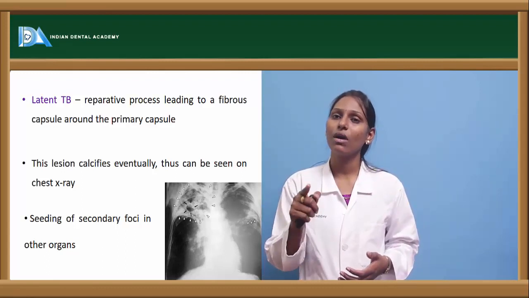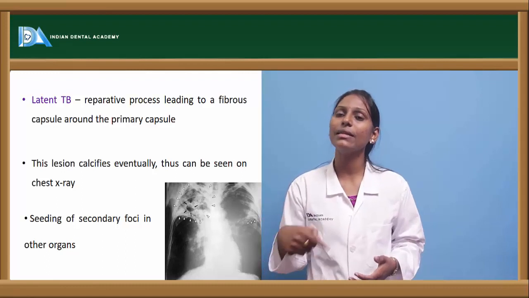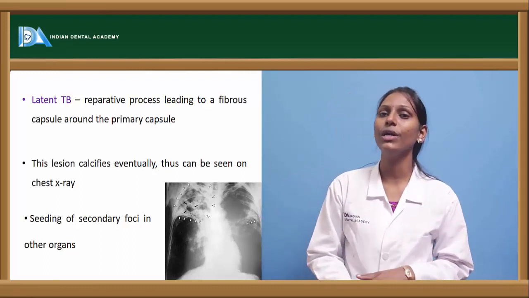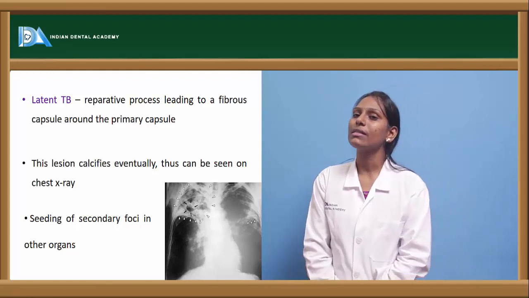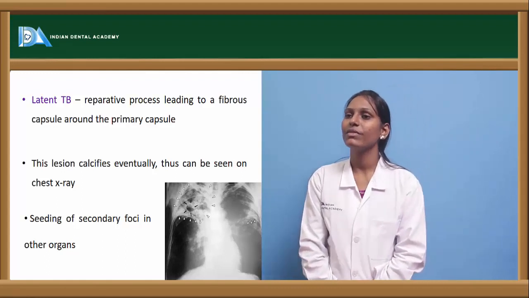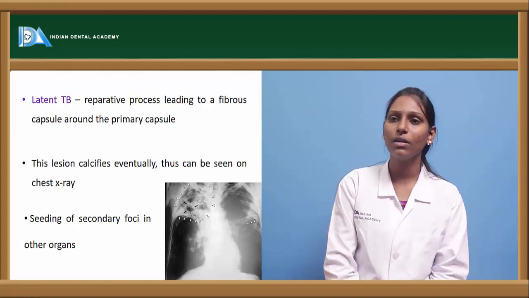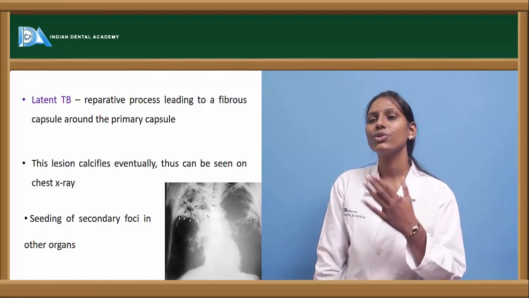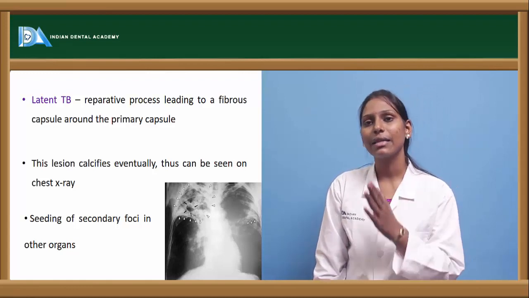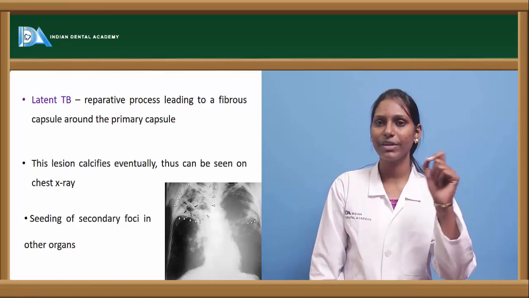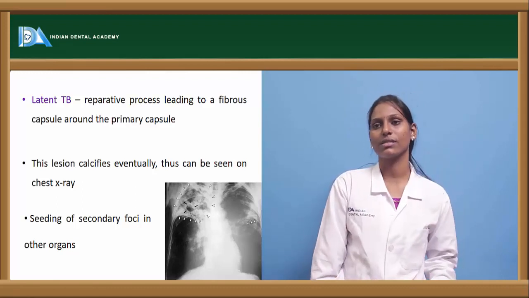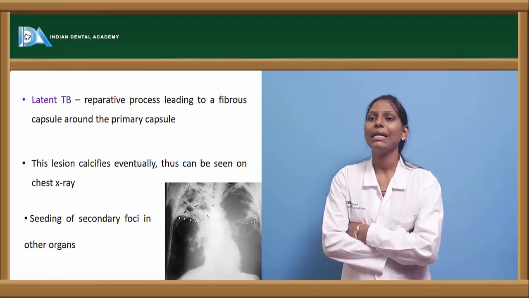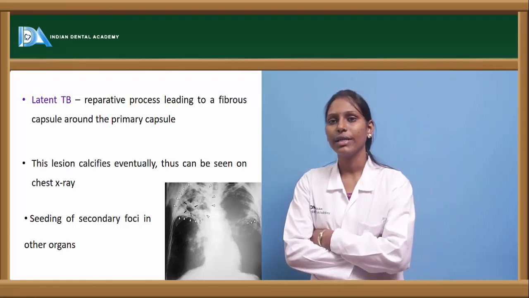Whenever they become immune compromised, this latent TB activates, giving rise to active TB. Normally, in latent TB, the lesion surrounded by the fibrous capsule usually calcifies eventually, and this can be seen on a chest X-ray as calcifications or radiopacities along the chest. So this is latent TB, and seeding of secondary foci into other organs can also be seen in this condition.